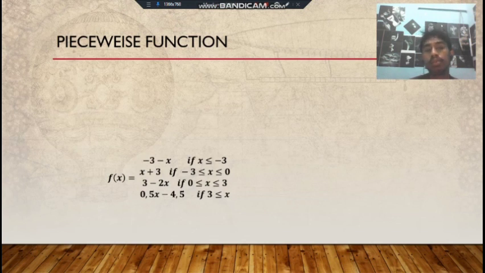Next, 3 minus 2x if 0 is less than or equal to x is less than or equal to 3. Next, 0.5x minus 4.5 if 3 is less than or equal to x.